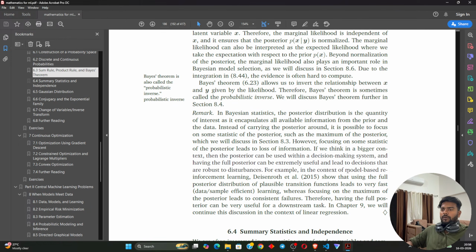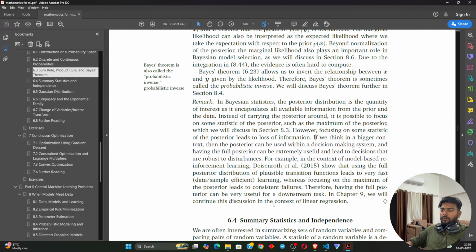For example, in the context of model-based reinforcement learning, Deisenroth et al. showed that using the full posterior distribution of plausible transition functions leads to very fast data-efficient learning, and having the full posterior can be very useful for downstream tasks. We will continue this in the different section.